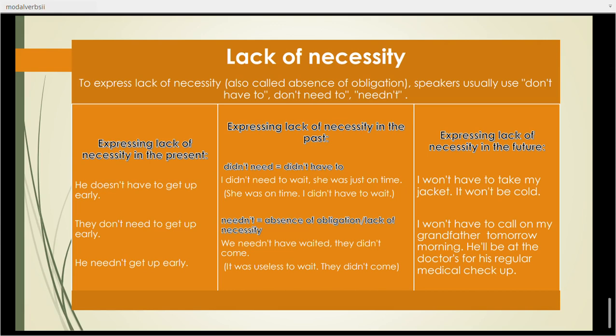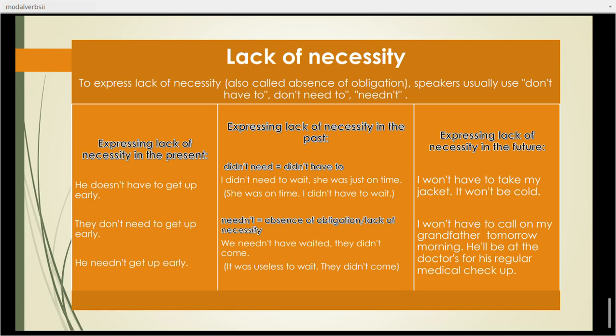I didn't need to wait. She was just on time. Here we can note these equivalences. Didn't need is equal to didn't have to. And needn't is equal to absence of obligation, that is the same as lack of necessity. One example is, we didn't have to wait. They didn't come.